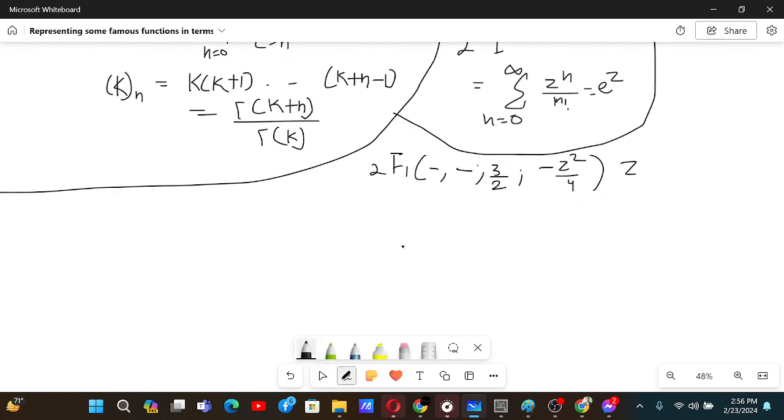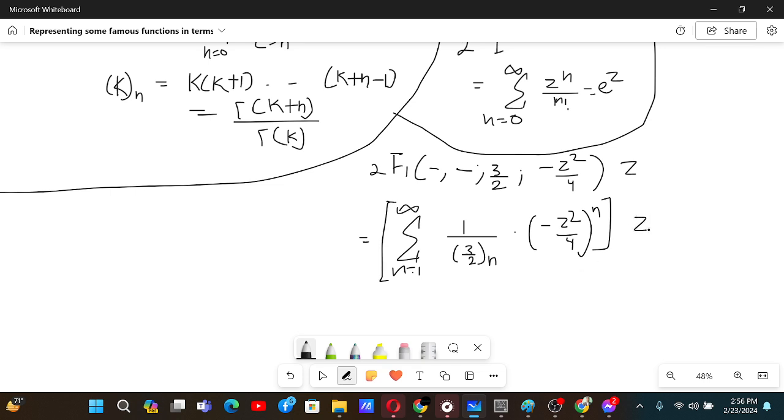So for this one, what we can do is the sum from n equals 1 to infinity. We don't have a's and b's, we have only c. So 1 by the Pochhammer symbol of 3 by 2 at n, and then minus g square by 4 to the power n, multiplied by g.